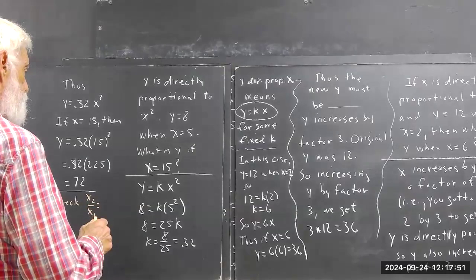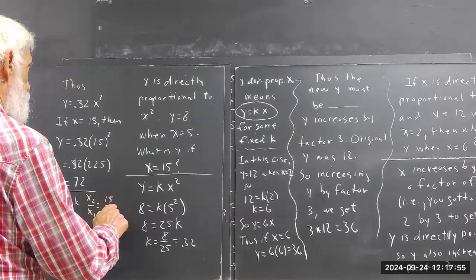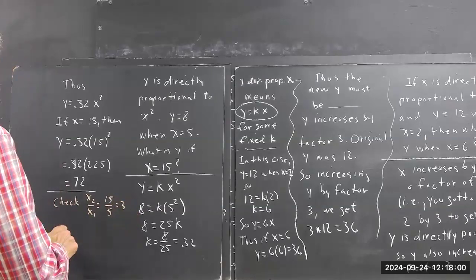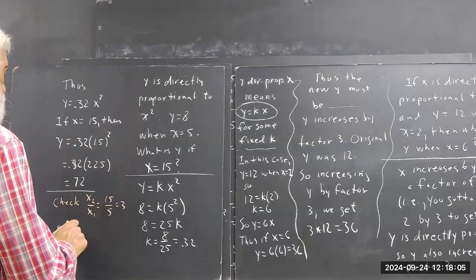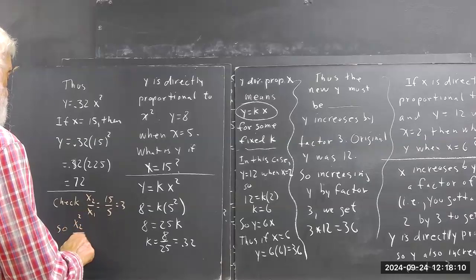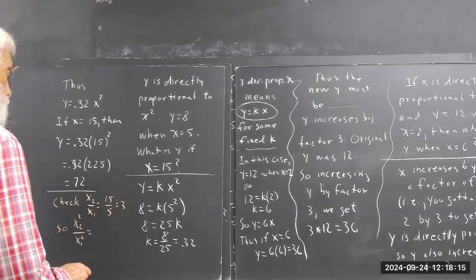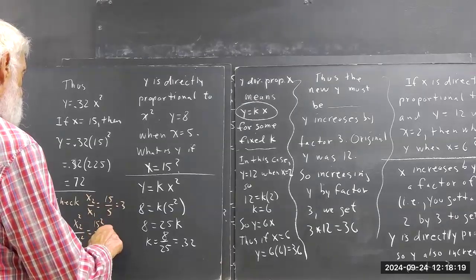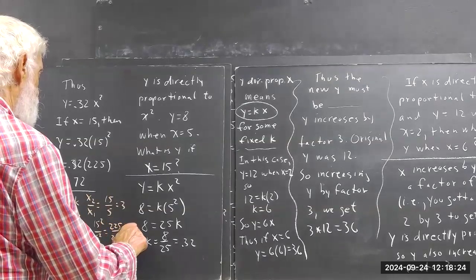X2 over X1 is 15 over 5 equals 3. Put the importance to X squared. X2 squared over X1 squared is 15 squared over 5 squared, which is 225 over 25 equals 9.